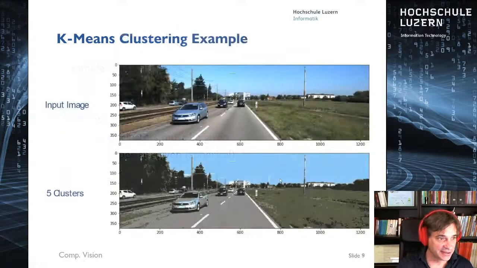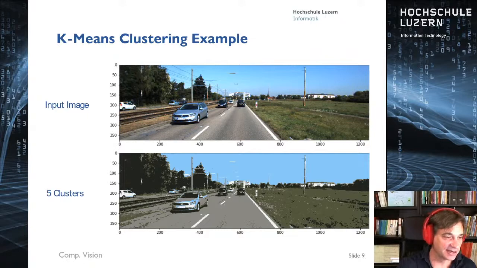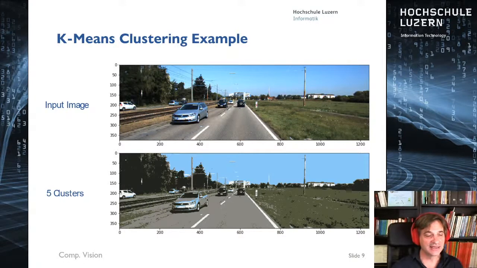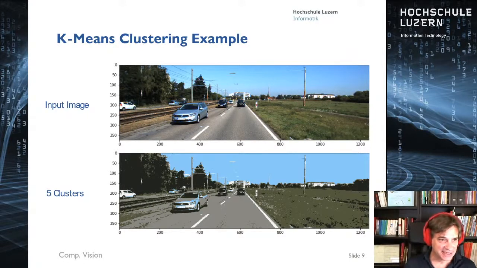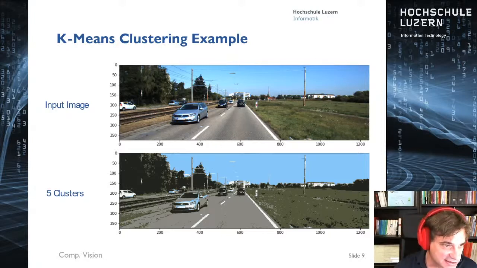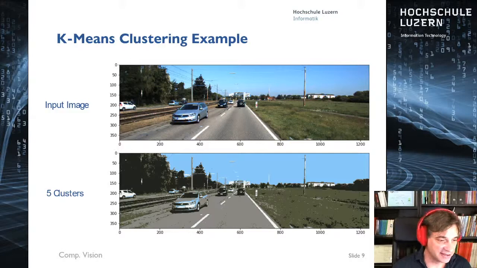For example, here is one example. This is actually from the exercise on K-means clustering. At the top you have one image, which is actually an image from the car data set for self-driving cars, where you try to understand the scene that the car sees, and you see the clustering here at the bottom.